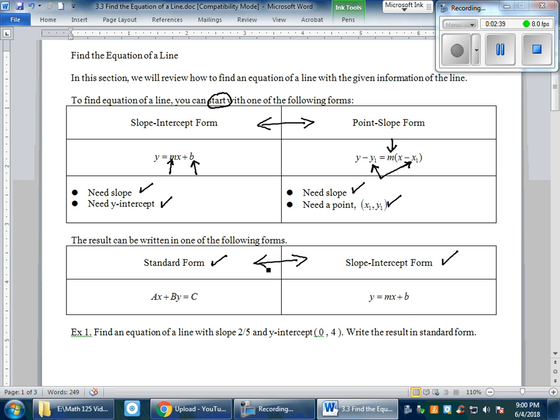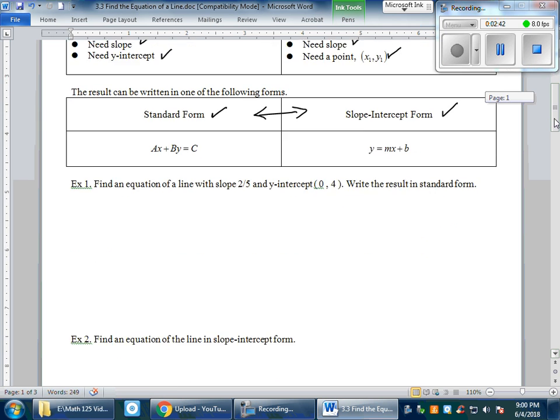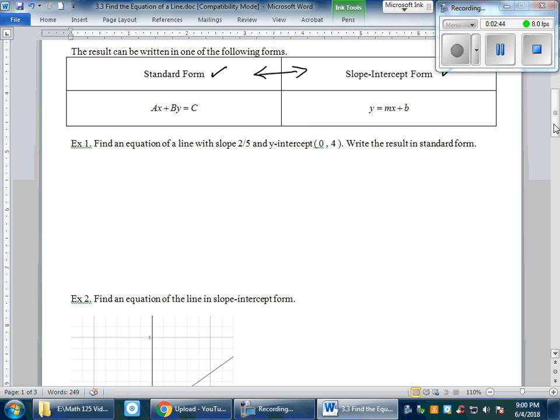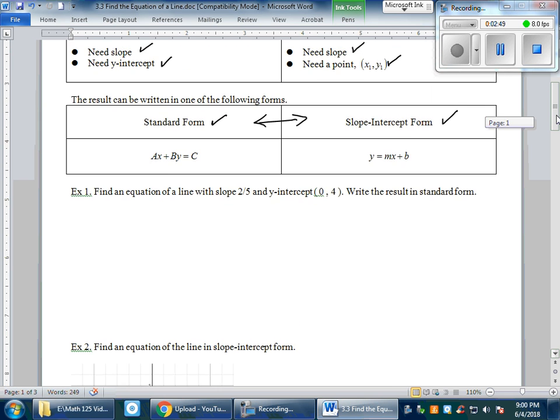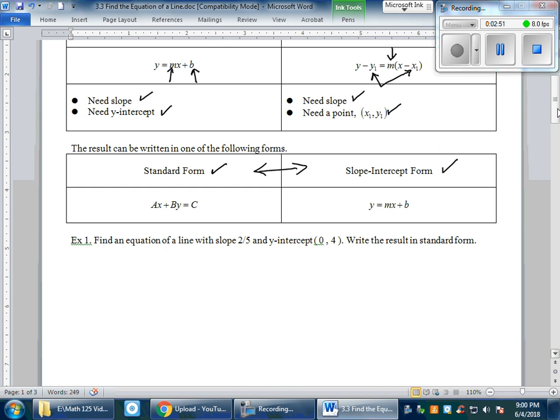So let's take a look at example 1. Find an equation of a line with the slope 2 over 5 and the y-intercept (0, 4). And then write the result in standard form. So in this case, we know the slope and we know the y-intercept. So I will use the slope-intercept form.